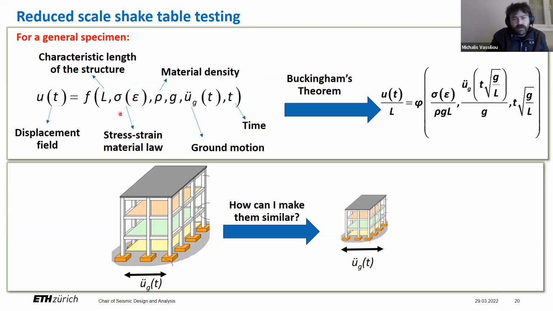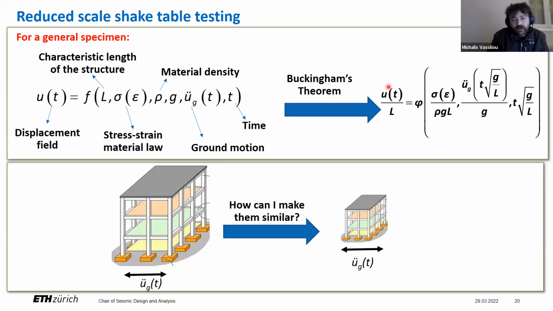Actually, this holds not only if it's linear, even for non-linear, but assuming that you have a material law that can take this form. It is a function of the material density, which doesn't change when you scale down. Neither does this change if you use the same material, or we pretend it doesn't change, because for concrete, for example, it does change. This is the gravity acceleration, this is the ground motion, and this is time.